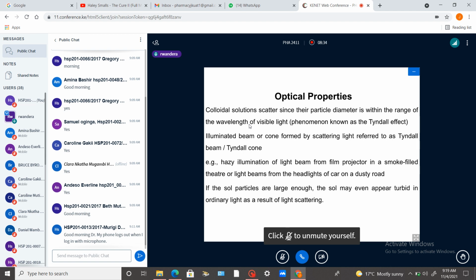This light scattering will tend to form an illuminated beam or cone, which we also call the Tyndall cone. A good example that maybe you've come across is the hazy illumination of a light beam from a film projector in a smoke-filled theater. Remember we said smoke is an example of a colloidal dispersion. So when you pass light through a smoke-filled theater, you'll tend to form light beams.